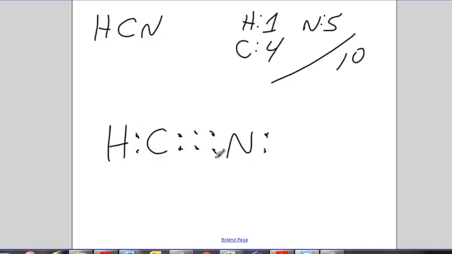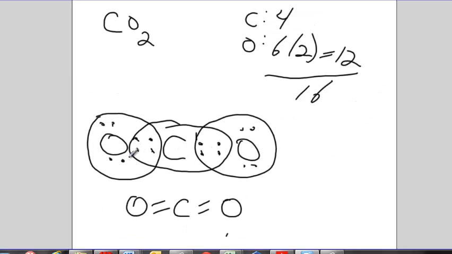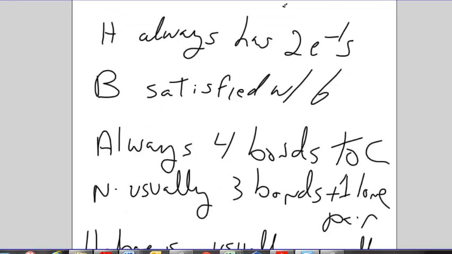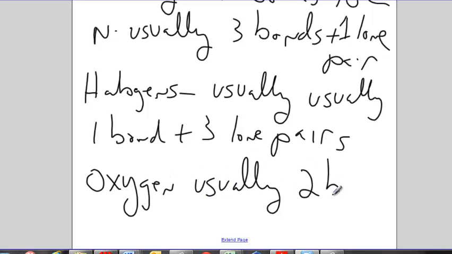Here's my nitrogen, 3 bonds and 1 lone pair. I can make a rule with oxygen, too, by the way, that fits this guy, my carbon dioxide. Oxygen, usually, again, not hard and fast, but usually, 2 bonds and 2 lone pairs.